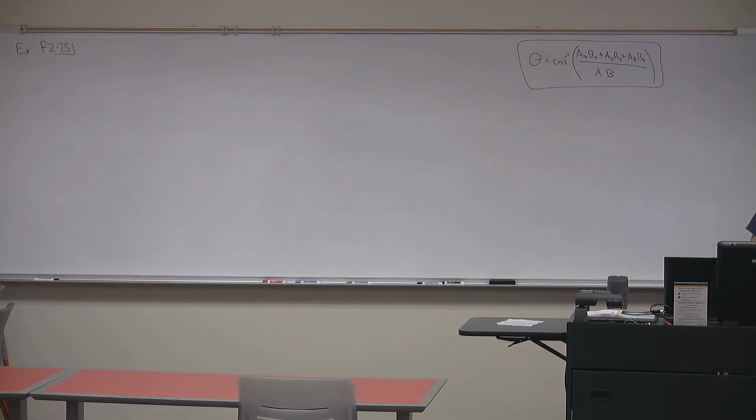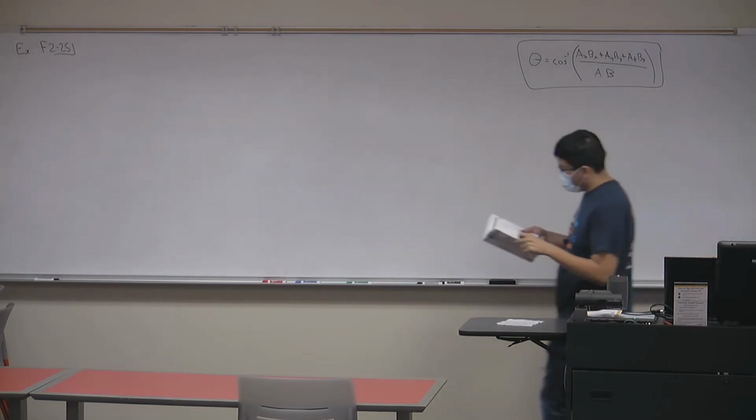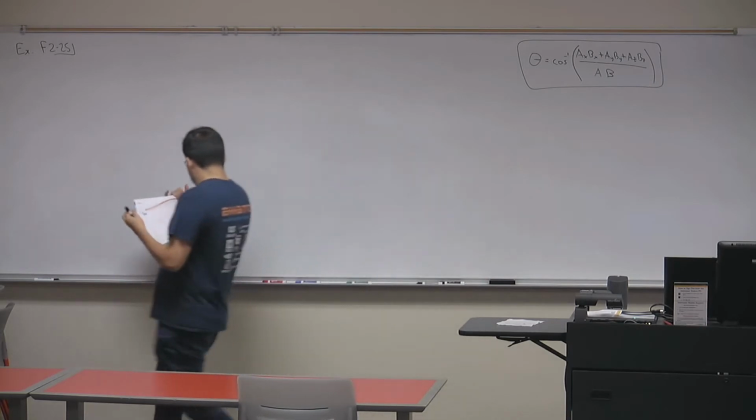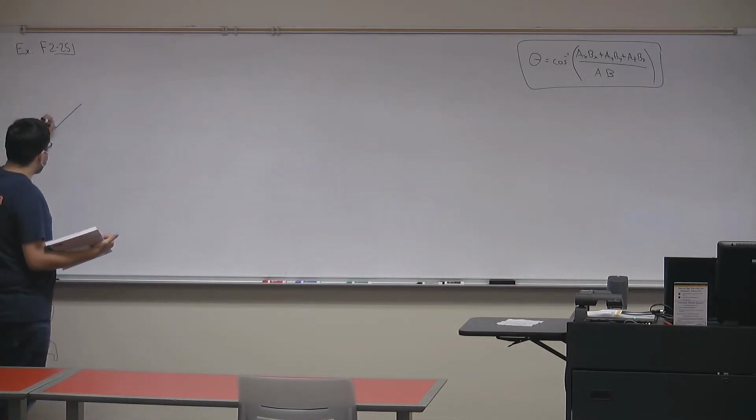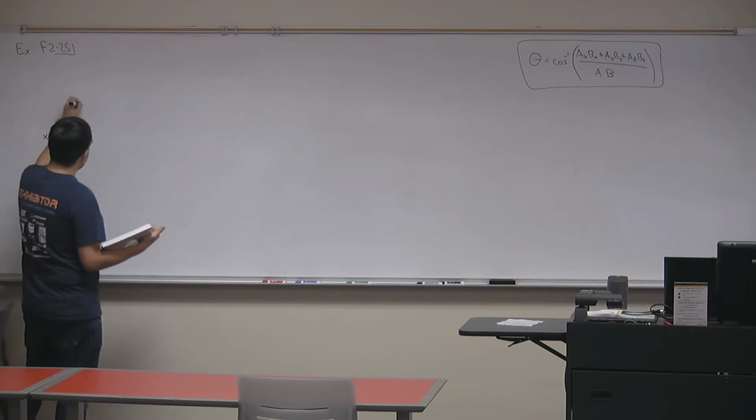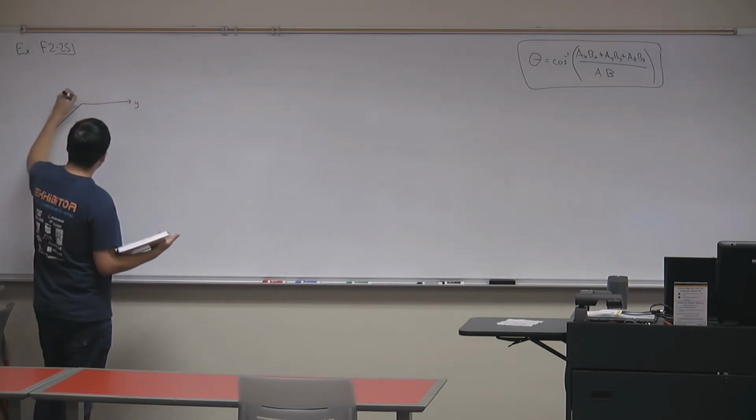but I'm not really sure I'm going to draw it very nicely. This is a three-dimensional problem, so I'm going to have to try to draw a three-dimensional figure. So F225. So we're looking at three-dimensional space where I have my x-axis, my y-axis, and my z-axis.